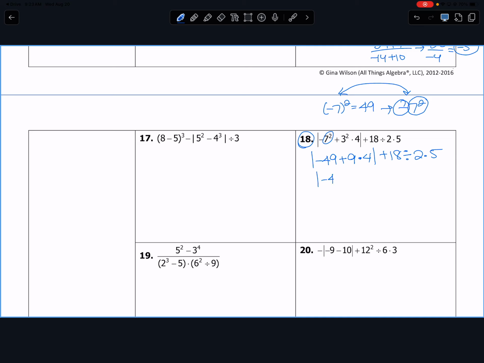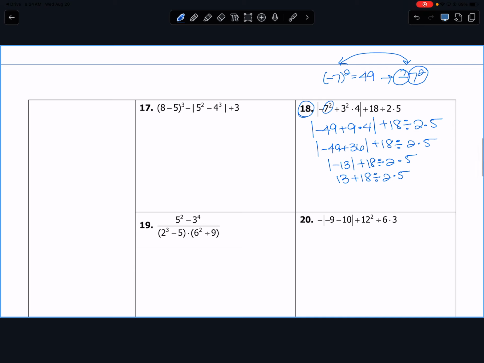So I have -49 plus 36 plus 18 divided by 2 times 5. So I get the absolute value of -13 plus 18 divided by 2 times 5, which is a positive 13, plus 18 divided by 2 times 5. 13 plus 9 times 5.